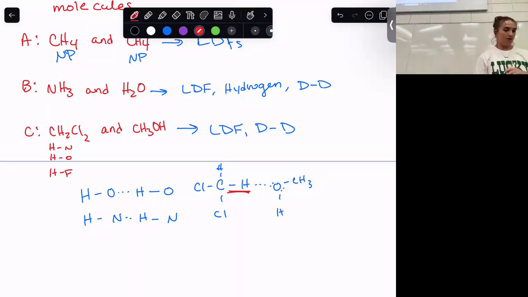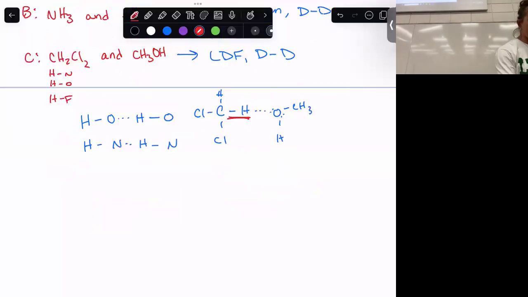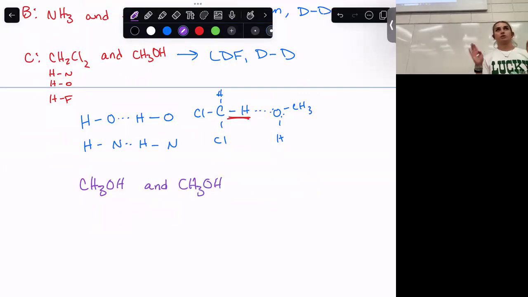If we just had CH3OH and CH3OH, then this would have hydrogen bonding because they can hydrogen bond with each other. It's the same molecule. They'll only give it to you as a hydrogen bond if both of them have each component.